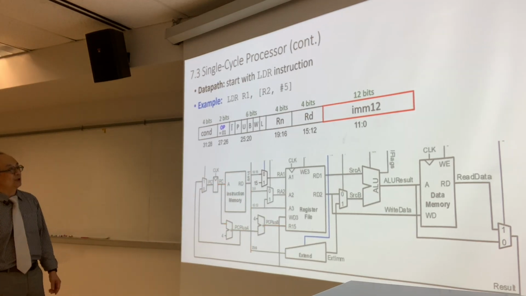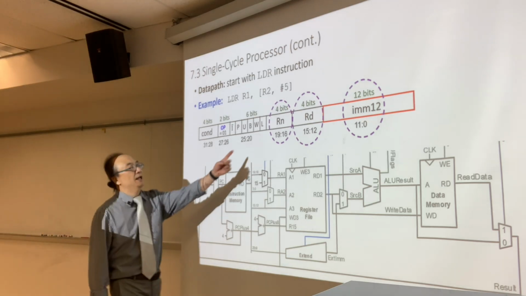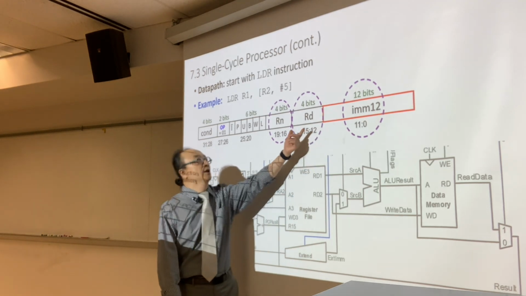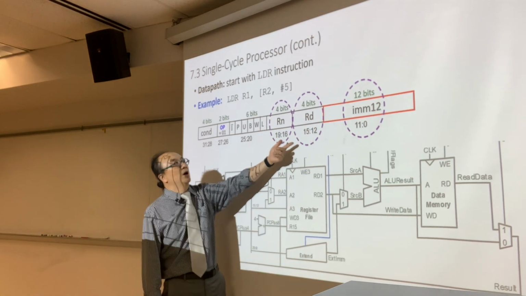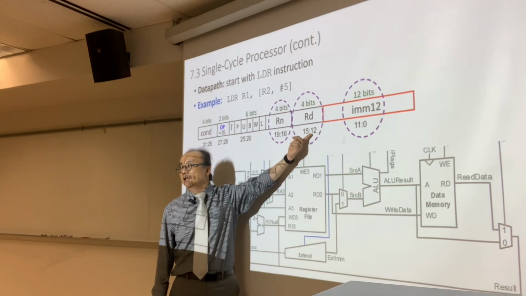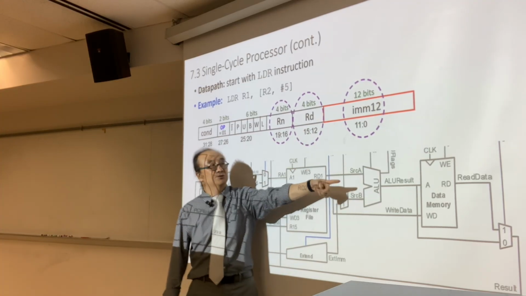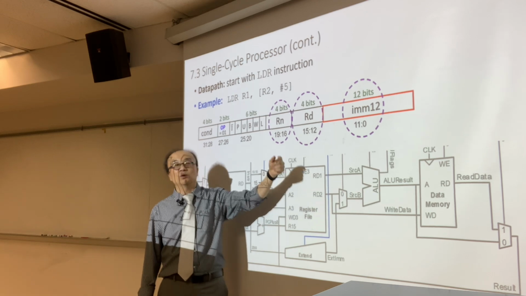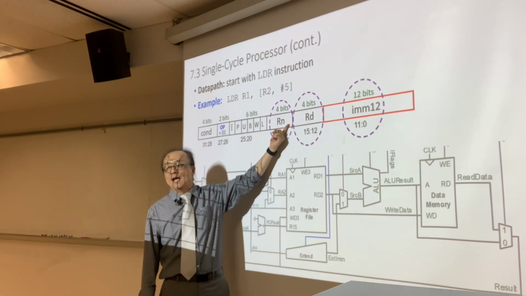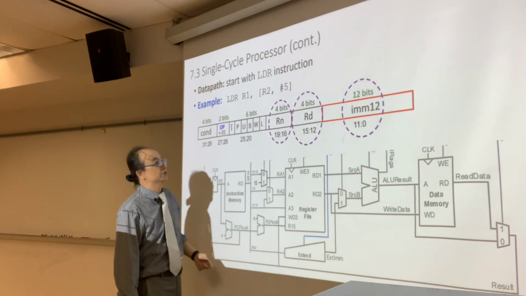And then we need to add Rn, Rd, and immediate. So Rd, we're going to update with the new value after we access the memory location where the contents of Rn plus the immediate value are.